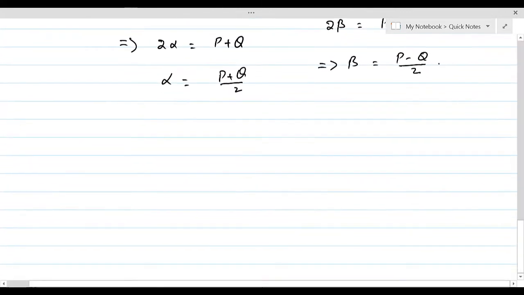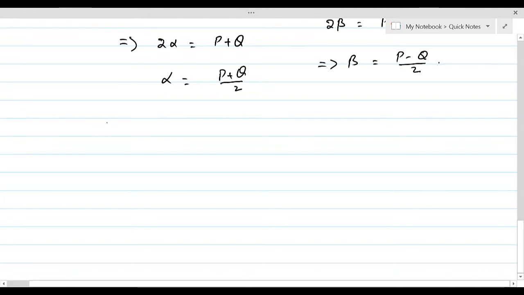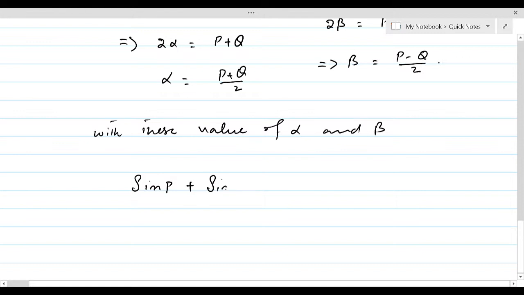Now with these values of alpha and beta, we can have sine P plus sine Q equal to 2 sine of P plus Q by 2 into cos of P minus Q by 2.